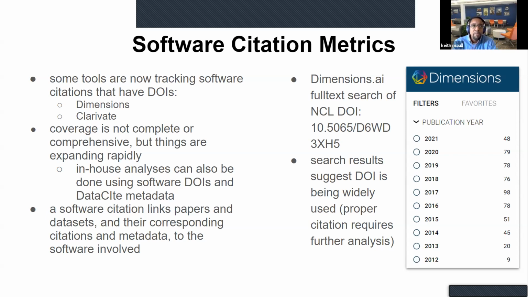Matt and I have worked on several in-house projects at NCAR where we've had to do some extraction of software DOIs and DataCite metadata to do some analyses over what's going on in our community. So what we want to happen here is that we can get better metrics when all this metadata is coming together and all these linkages are being made more explicit and more consistent.